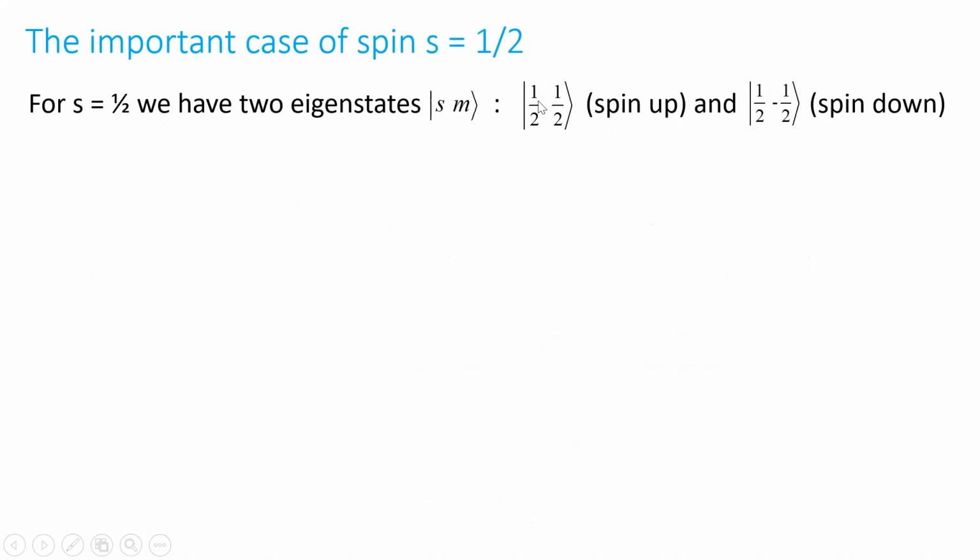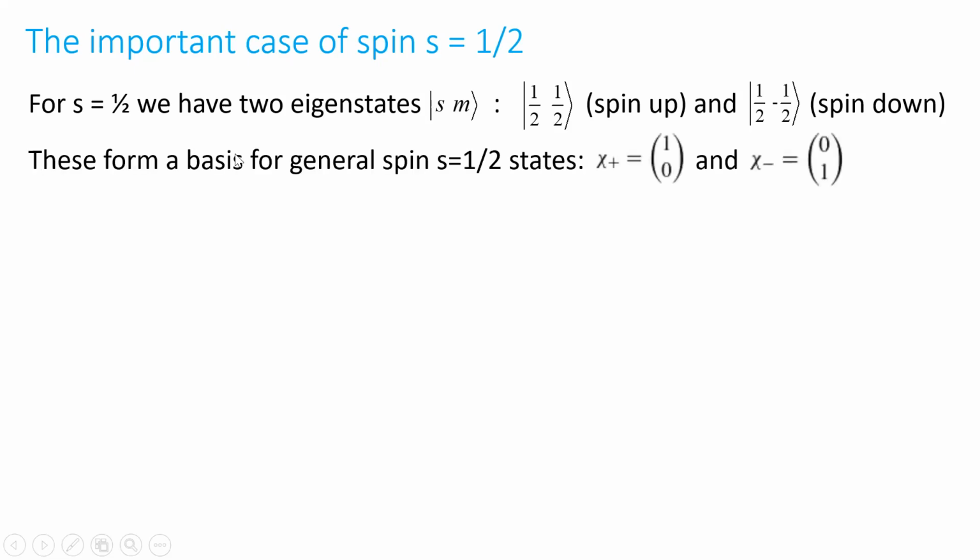Whereas for the infinite square well, when we looked at the eigenstates of the energy, we had an infinite number, here we only have two eigenstates. So we should be able to build any spin wave function from just these two eigenstates. So these form a basis for general spin S equals 1/2 states.